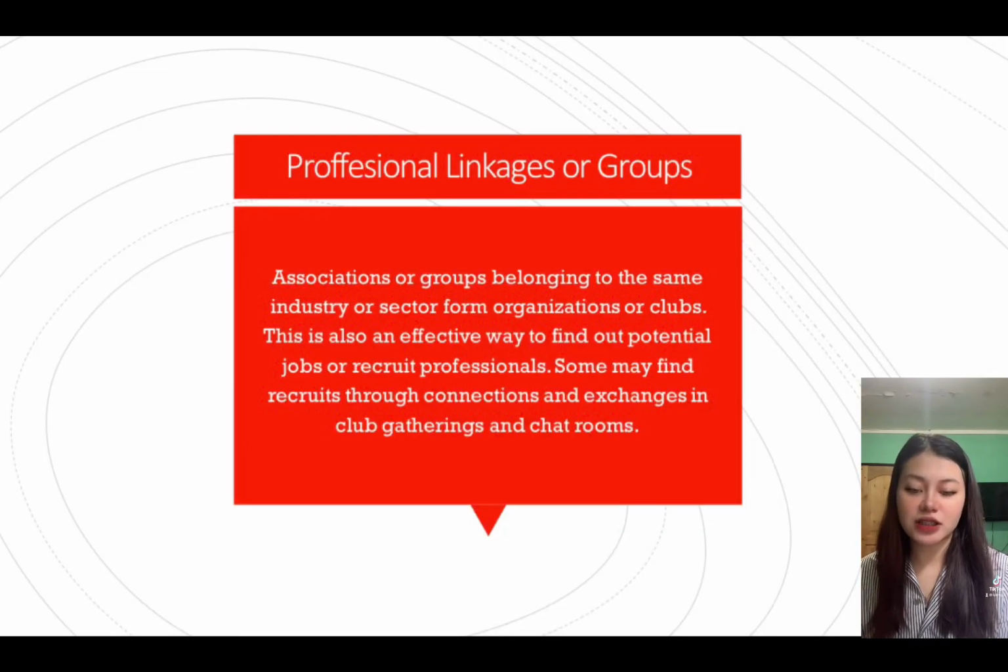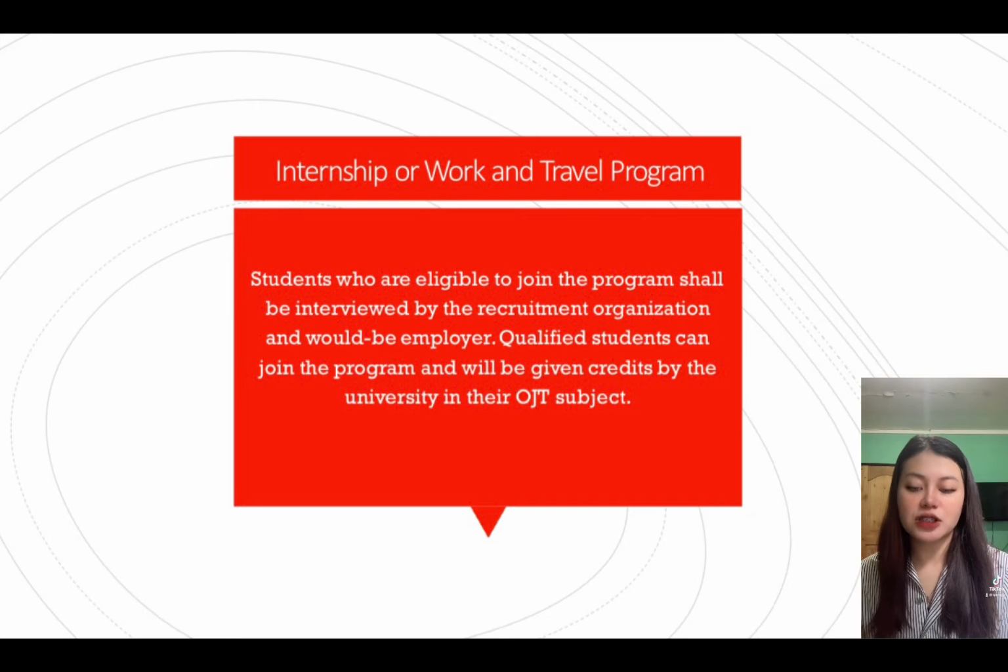Number 3, professional linkage or groups. Some recruiter may be found through connection exchanges at club gatherings and chat rooms. This is a good way to find potential job or hire professionals. Number 4 is internship or work and travel programs.